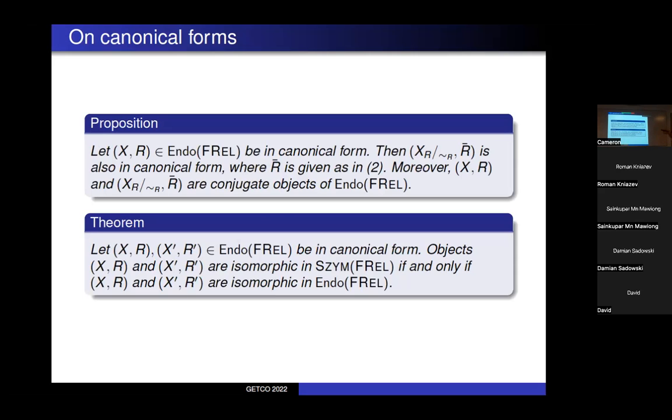Two objects in canonical forms are isomorphic in Szymczak category if and only if they are isomorphic in endomorphism category.